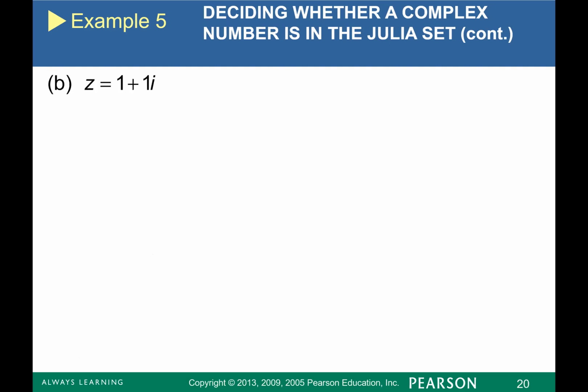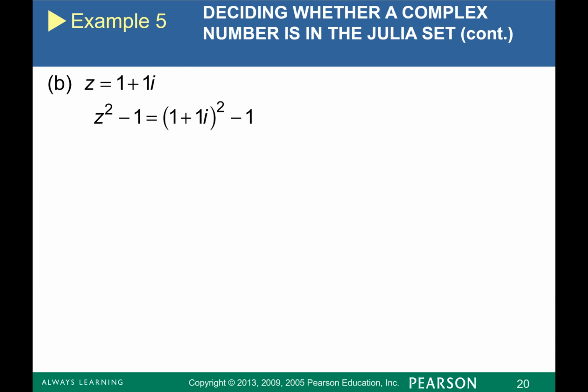Okay, what about 1 + 1i? We're going to plug that in there. So we've got (1 + 1i) squared minus 1. What is 1 + 1i, the quantity squared? Would we FOIL that out?